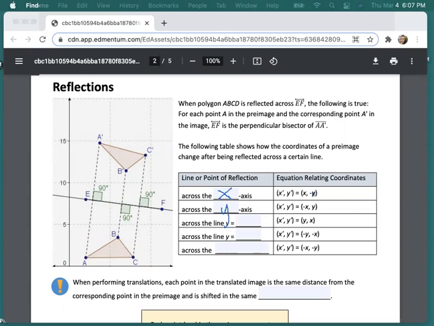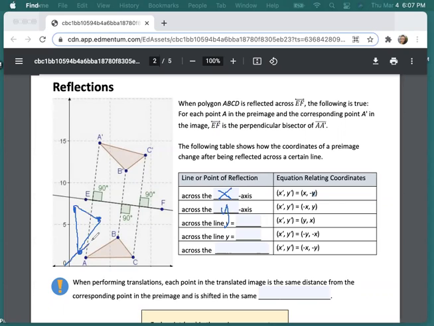Okay, if we reflect it across the line y equals x, you're going to switch your x and your y values. So if my point A is at, let's say, 2, 1, and I switch my x and my y values, my new point A would be at 1, 2, and my new point B would be right here, and C would be right here.